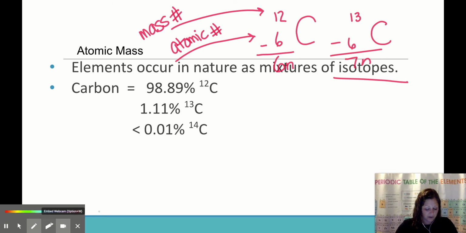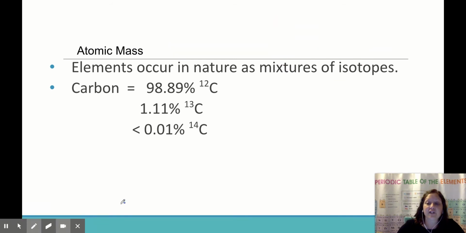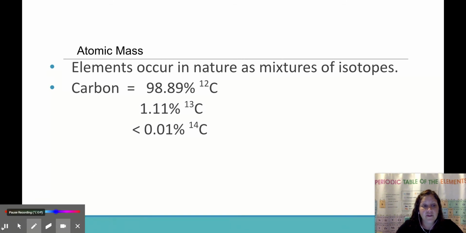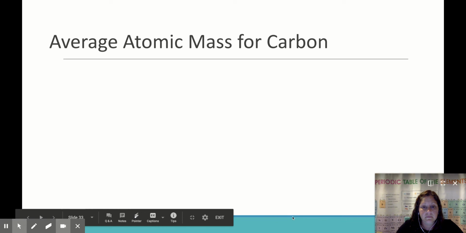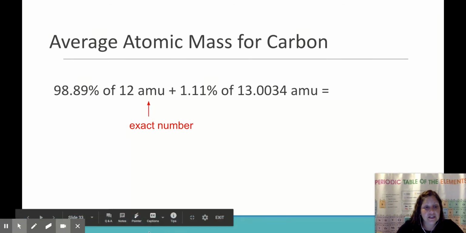But now, if we want to, we can find out the average atomic mass of this carbon. In order to do that, we are going to take the percentage times the mass and add it to the percentage times the mass for all of the other isotopes.